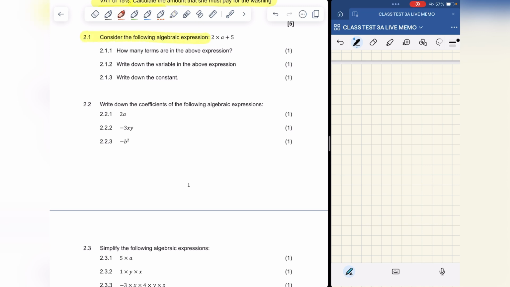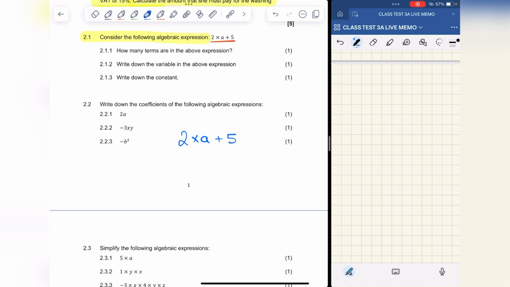That algebraic expression is this one over here, and they are asking 2.1.1, how many terms are in the above expression. So this expression that they gave us, I'll just rewrite it over here. It is 2 times a plus 5.